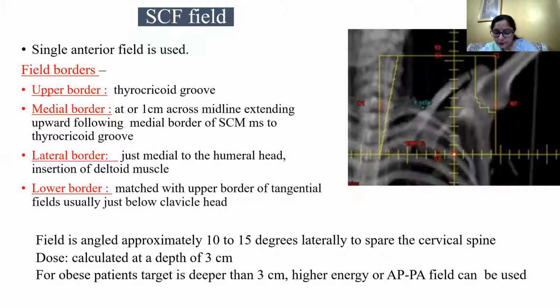But as I have shown, in their control arm, it was only the chest wall or the breast RT. So we are not able to decipher whether it is due to the internal mammary or the medial supraclavicular field that we are getting the improvement in the results. So it still leaves us with a doubt.